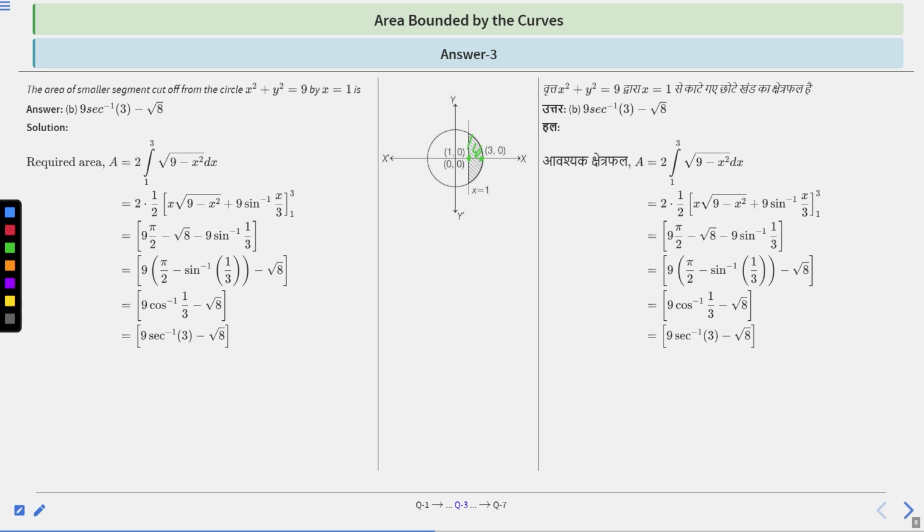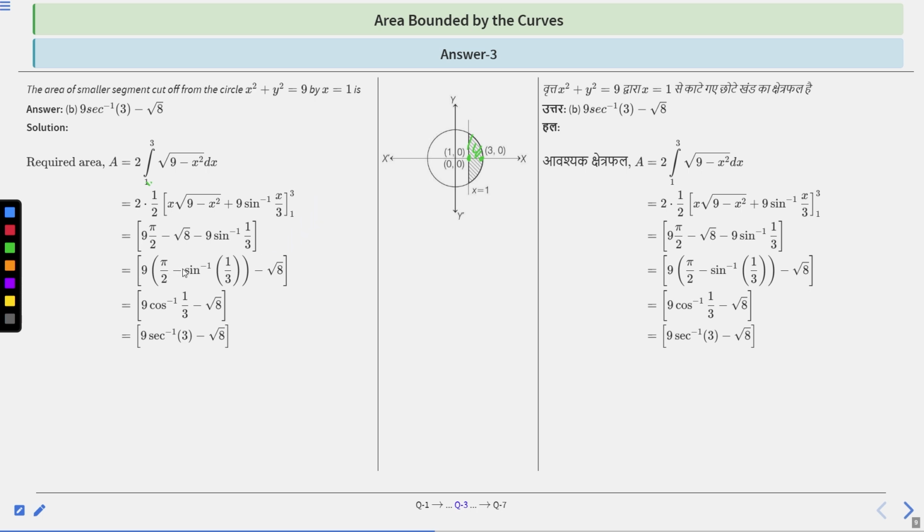And you know the integration of this. For integration of this form, you had to remember it from when we studied indefinite integrals. The formula is this. Therefore, the area will be 2 times [1 by 2 x root over 9 minus x squared plus 9 by 2 sine inverse x by 3], with limits from 1 to 3.